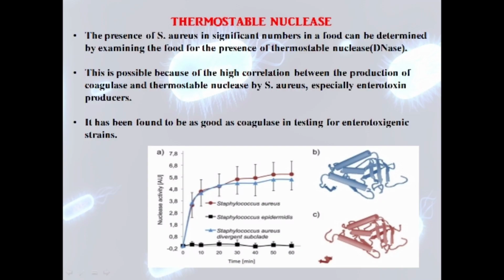Now the number 1 chemical method is the thermostable nuclease. The presence of S. aureus in significant numbers in a food can be determined by examining the food for the presence of thermostable nuclease. This is possible because of the high correlation between the production of coagulase and the thermostable nuclease by S. aureus, especially enterotoxin producers.